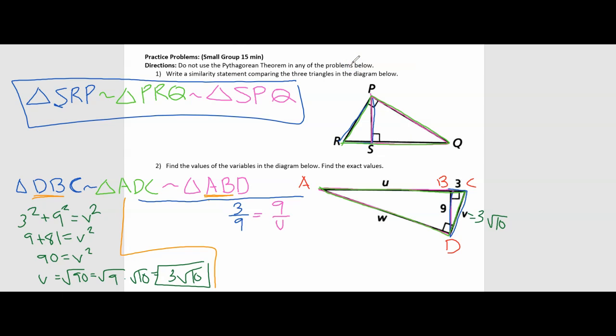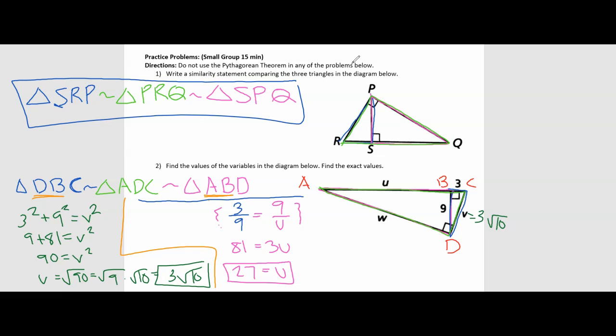So this proportion is true based on corresponding sides. Pretty easy to solve this, right? I get 81 is equal to 3U, which gives me 27 is equal to U. Now it turns out that in another example, you may have had to use side V for blue, the 3 times the square root of 10, if that was one of the ones that matched up with U from the pink triangle.